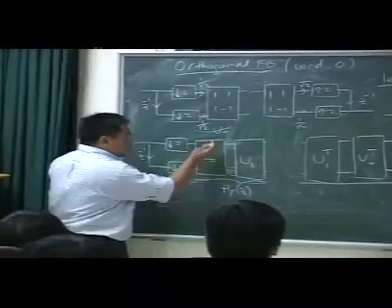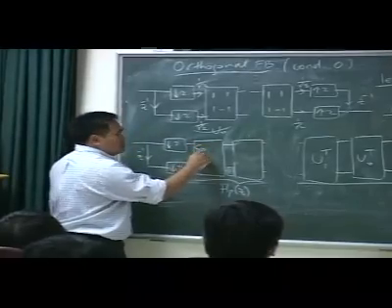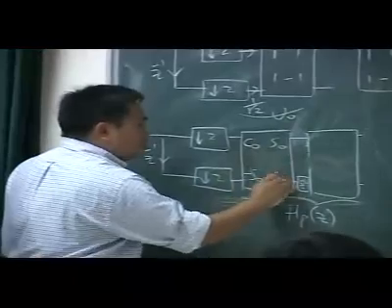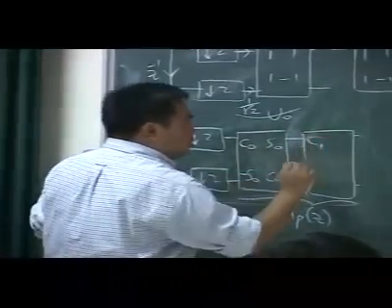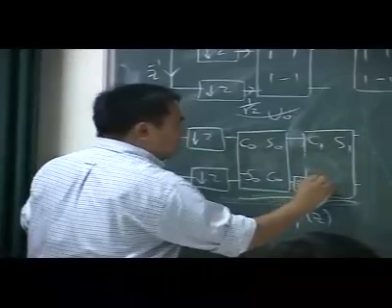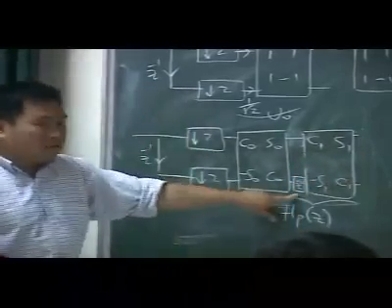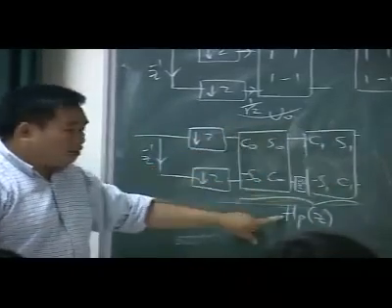You can say, u0 and u1 is cosine theta 0, sine theta 0, minus sine theta 0, cosine theta 0. That's the rotation angle, okay? Here is cosine theta 1, sine theta 1, minus sine theta 1, cosine theta 1. And it's the inverse. You can find the corresponding matrix here.